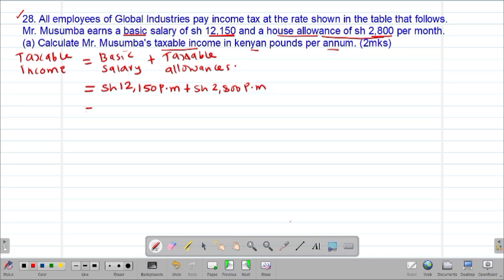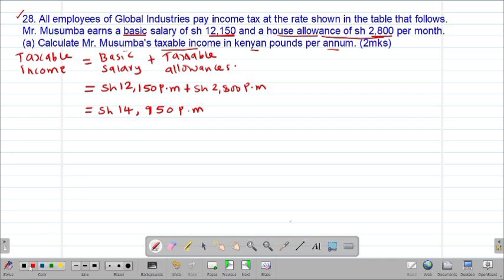You feed this on the calculator, 12,150 plus 2,800. Your calculator will give you a total of 14,950 shillings per month.